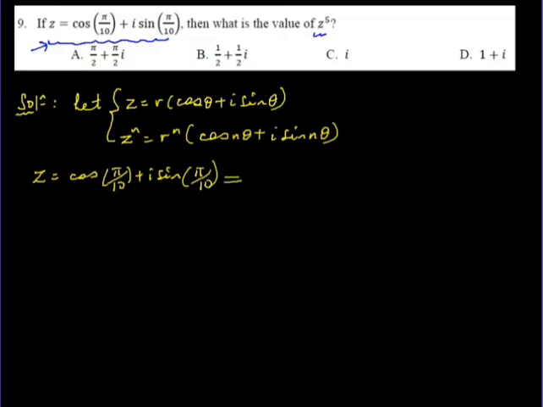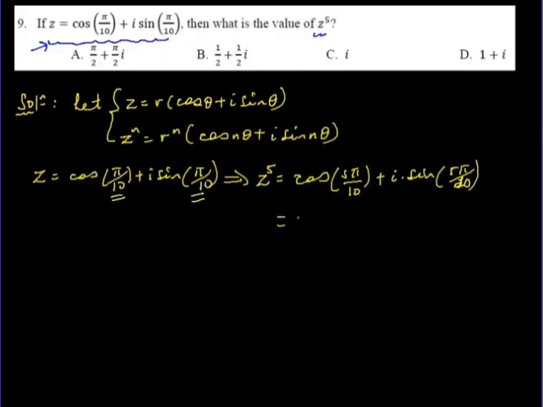So z to the power of 5 is equal to cosine of 5 pi over 10 plus i times sine of 5 pi over 10. You multiply the thetas by 5. So 5 pi over 10 means pi over 2. So this becomes cosine of pi over 2 plus i times sine of pi over 2.